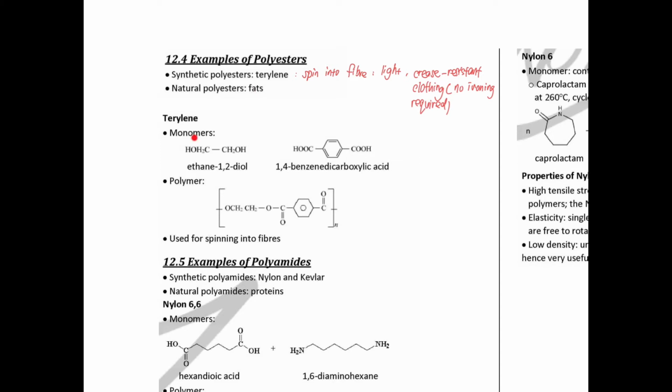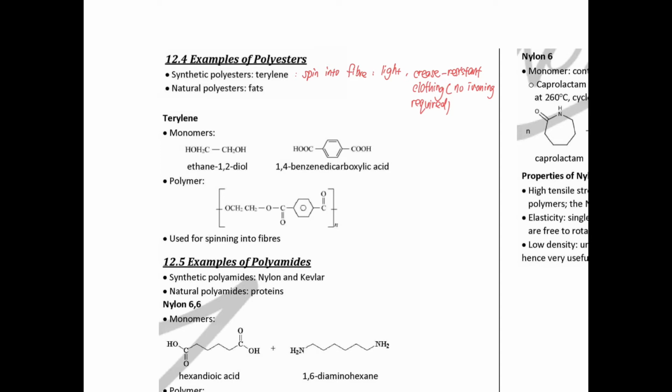Okay, now let's see the monomers here. We have ethane-1,2-diol. Basically, it is 2 carbon with OH on both sides. It is alcohol with 2 OH, with OH on the left and OH on the right. And for another monomer, you remember there have to be 2 different monomers, not like addition polymerization, which is just one type of monomer.